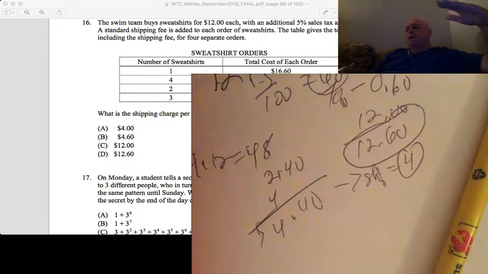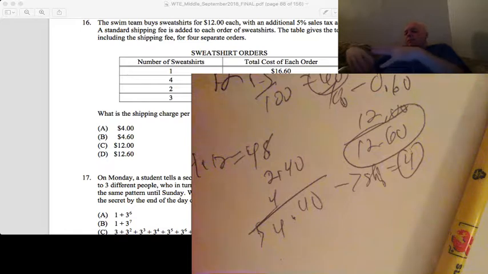There's another level up they're going to start using after this one, which is closest to what the SHSAT is. So this is kind of middle questions that may or may not be on the SHSAT. The next level up is more closer to SHSAT questions. And then on the next level up, those questions are going to be SHSAT and harder, similar to grade 8 and grade 9 SHSAT questions mixed together.